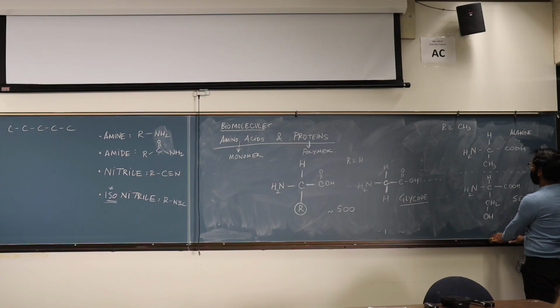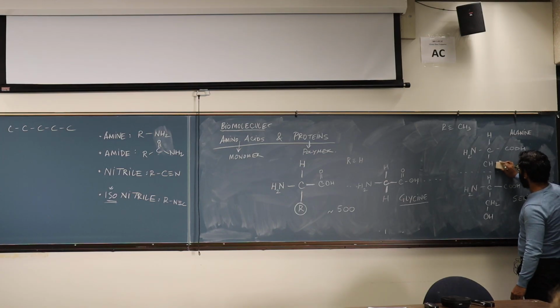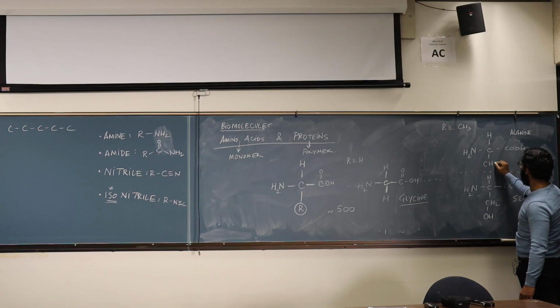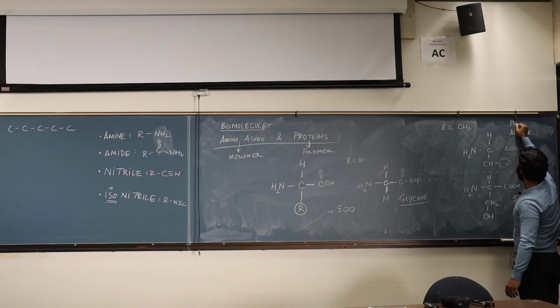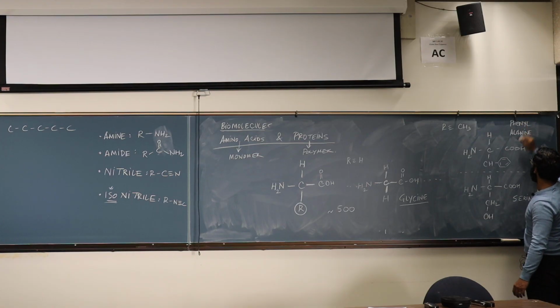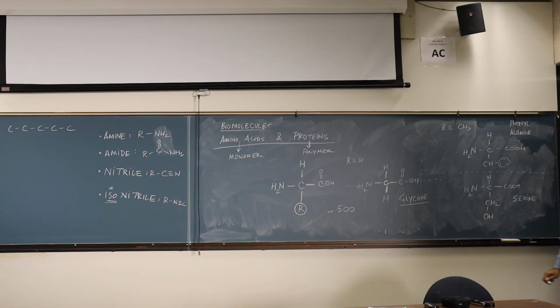If you just take this out and remove one hydrogen and attach a benzene ring to it, this becomes phenylalanine. It's one word, phenylalanine. And so on and so forth.